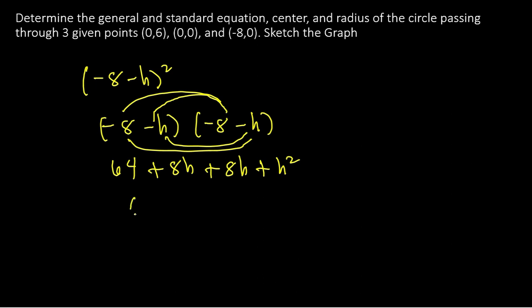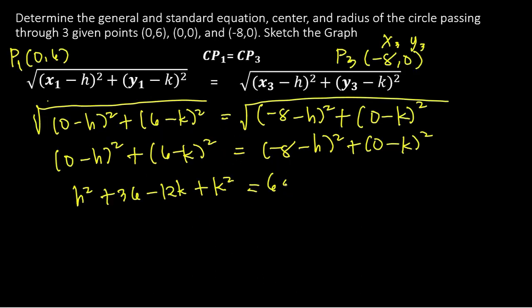Combine like terms, we will have 64 plus 16h plus h squared. When we expand the other term, the result is just positive k squared. Now let's combine like terms. So we have h squared.